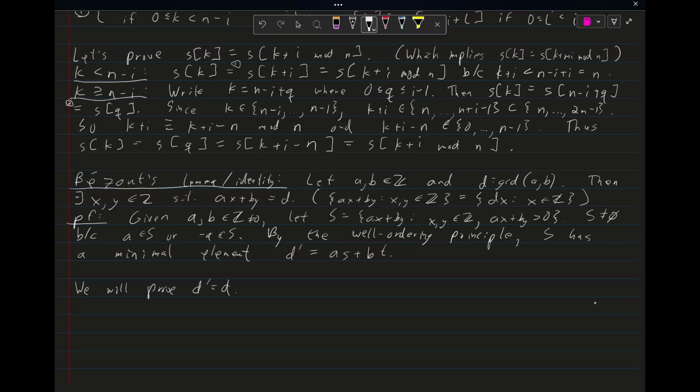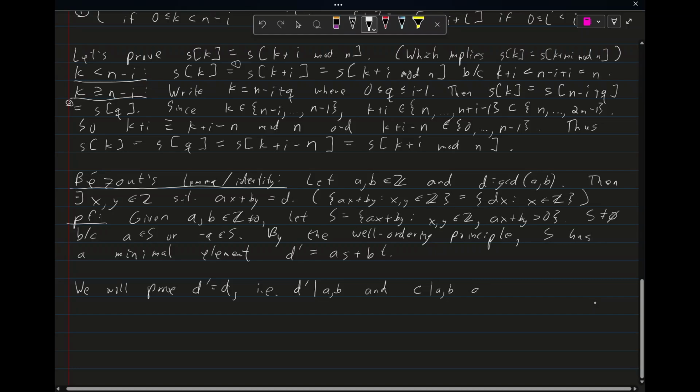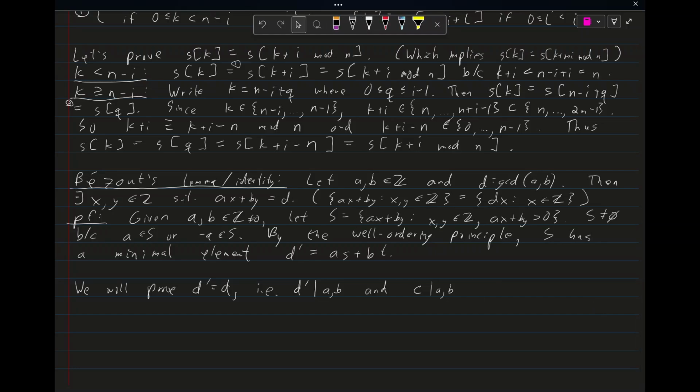So what does it mean? We need to prove that it's the greatest common divisor, i.e., we need to prove that it is a common divisor, so d prime divides both a and b, and it is the greatest, meaning that if c divides a and b, then c is less than or equal to d prime.